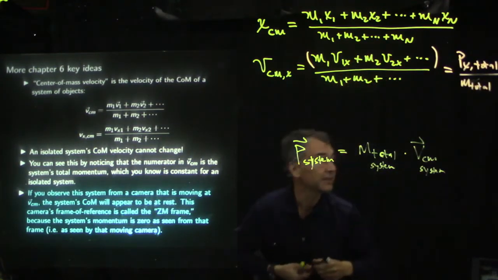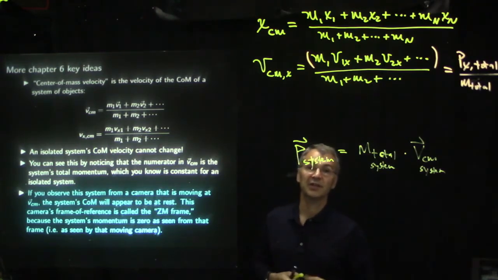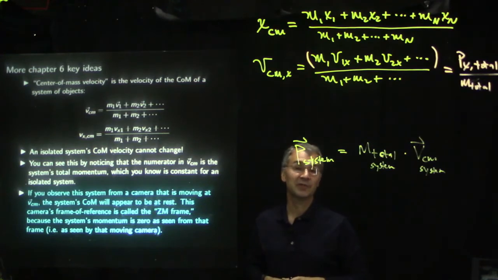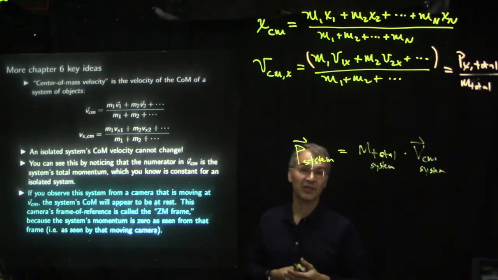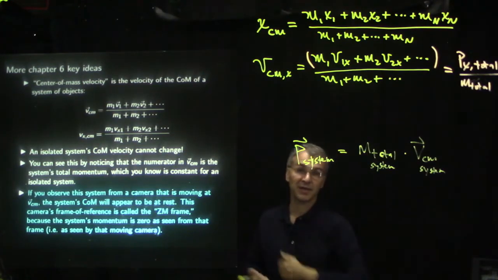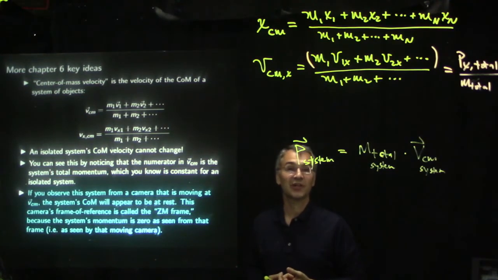So the total momentum in the x direction of an isolated system is constant. As long as the total mass of that system is not changing, like it's not throwing away some of its mass by jettisoning it, then the center of mass velocity of that system is constant.